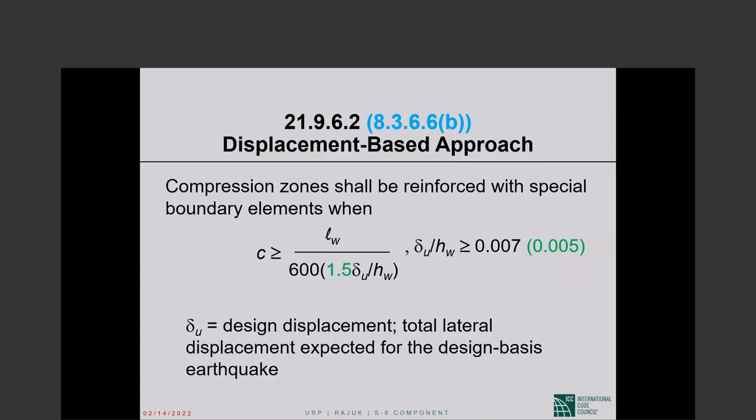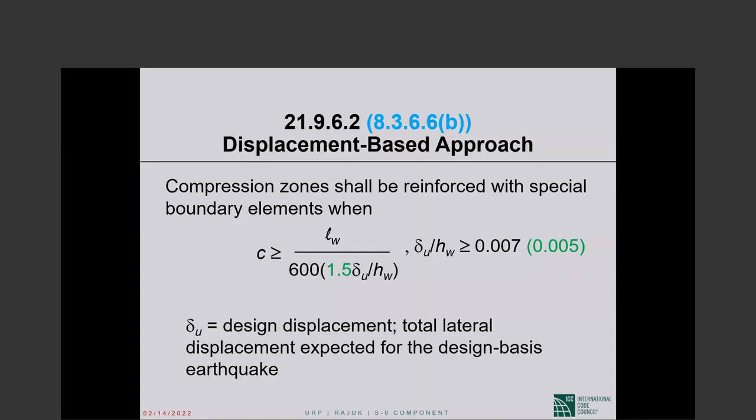The idea is, up until 318.14, I want to state in simple terms, we were designing our shear wall for the design earthquake displacements.